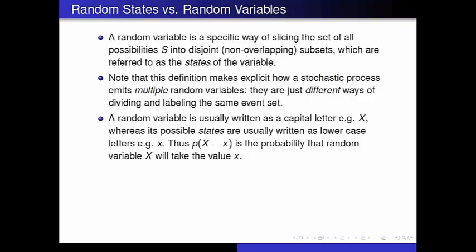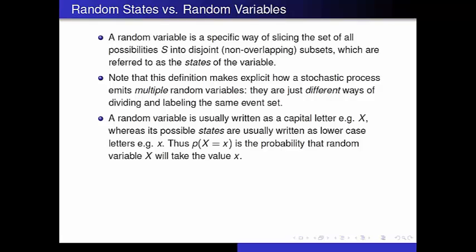So going back to this Venn diagram picture of probability, let's just imagine there's a big circle representing the set of all possible events that we're going to consider. Then I'm going to define a random variable as being just some way of slicing up that complete Venn diagram into disjoint pieces.